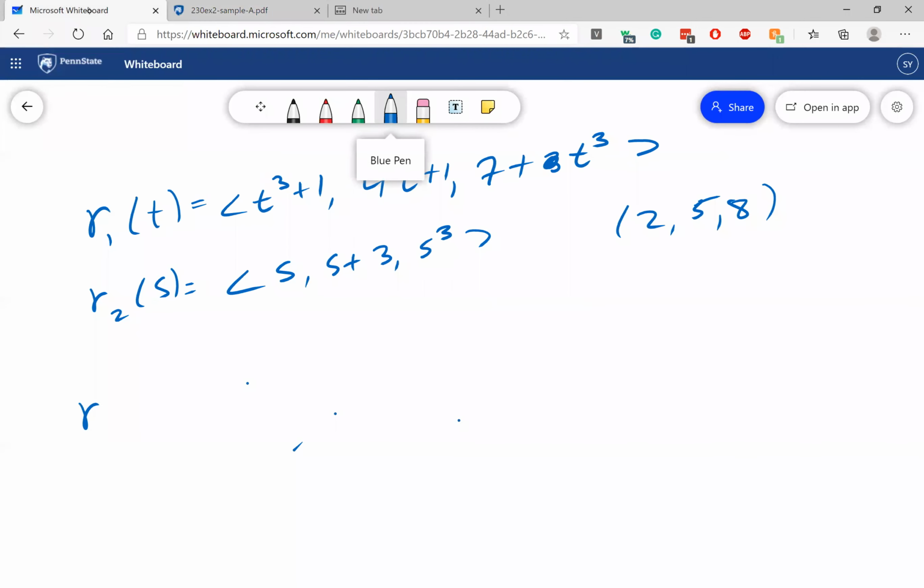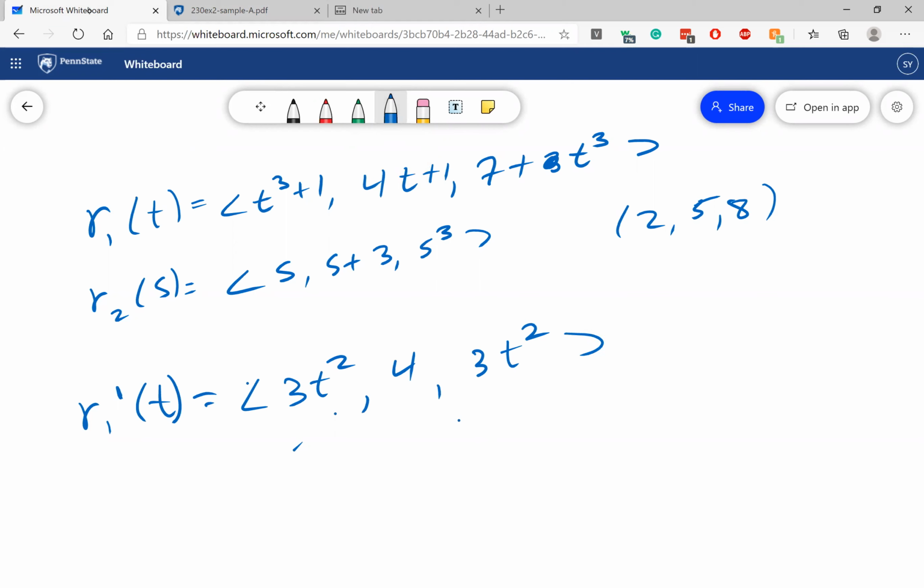Okay, so r1 prime of t is going to be (3t squared, 4, 3t squared), and r2 prime of s is going to be (1, 1, 3s squared).